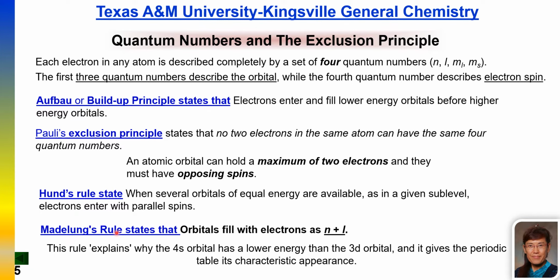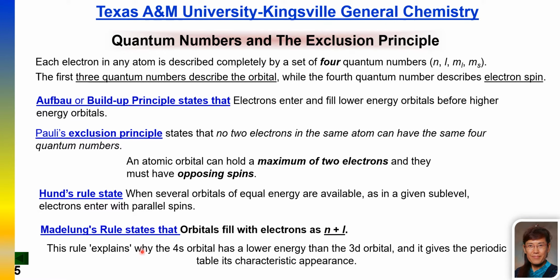Madelung's rule, also called the n plus l rule, states the orbitals fill with electrons as n plus l increases. If the value of n plus l for an orbital is bigger, the associated orbital has higher energy and will be occupied afterwards.